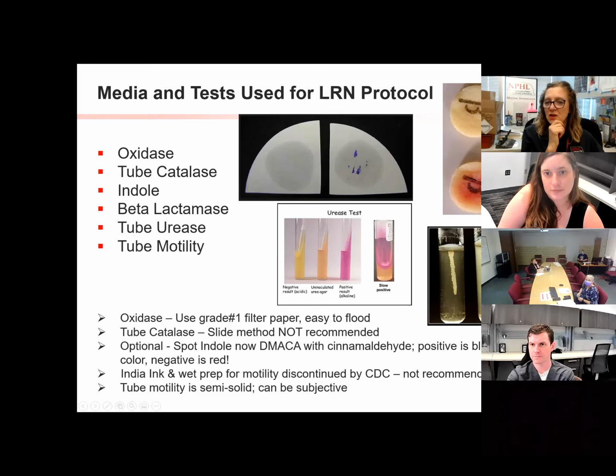So if you're making your own, we have something that does not look cloudy like most of the commercial ones. It gives you a nice clear media, so that if you have an organism that is not motile, you'll see a very distinct streak. If you have an organism that's very motile, it will be motile throughout the tube and looks very positive.